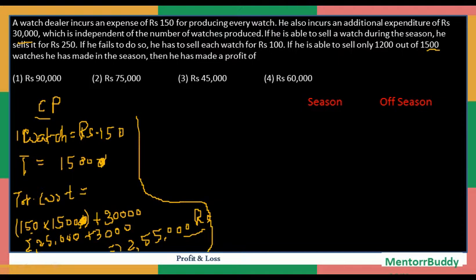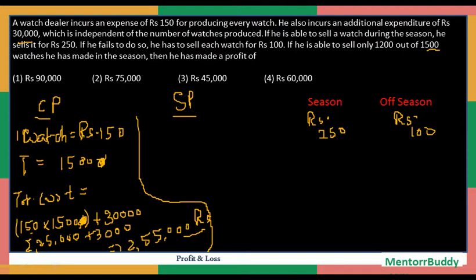Then it further says, if we sell the watch in season, the price of the watch is rupees 250, and in off season the same watch sells for rupees 100. Now coming to the selling price of the dealer, he sells 1200 watches out of 1500 in the season. So what will be the revenue he generates?